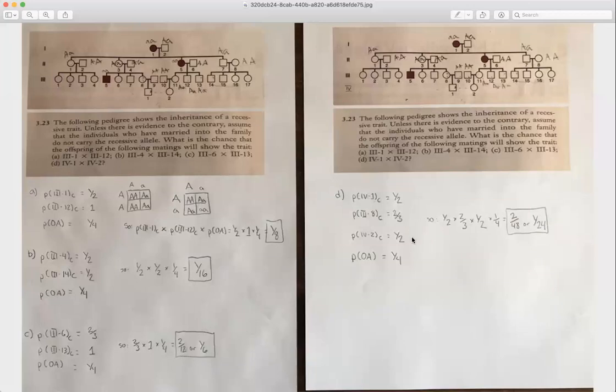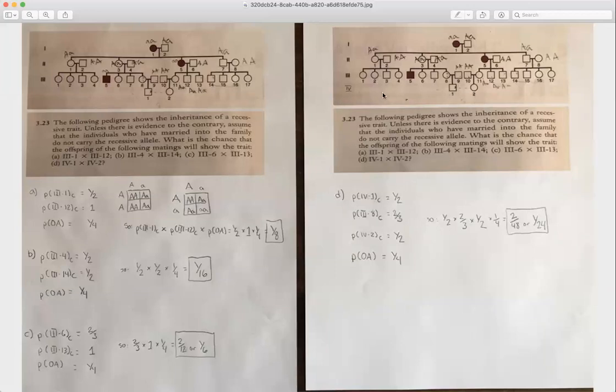Okay, now let's go to the most difficult one. This is the most difficult one because we have to look at a couple of different generations. So it's saying, what is the probability of 4,1 and 4,2 getting together and having a child that has that recessive condition? What we have to do is figure out, again, the probability that 4,1 is a carrier and 4,2 is a carrier.